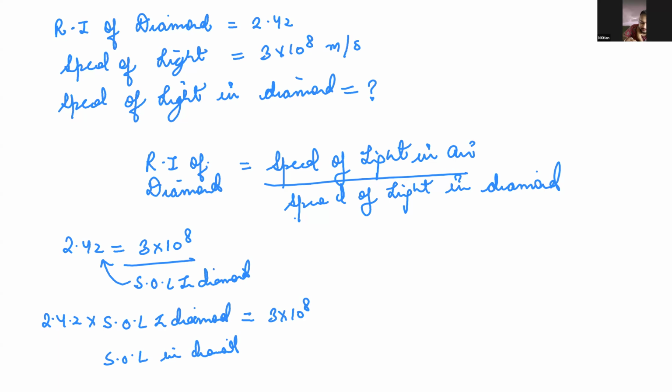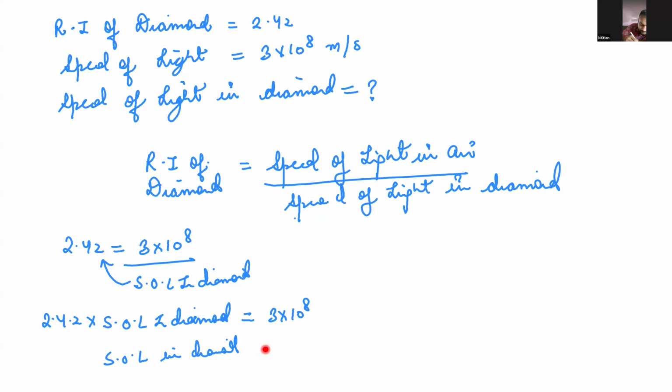Sir, how did the speed of light in diamond become 3 into 10 to the power 8? No, it is the speed of light in air that is given. You took the speed of light in diamond to the other side, right? It was in divide form, so it will go multiply. Now this is multiplication, so it will come divide.